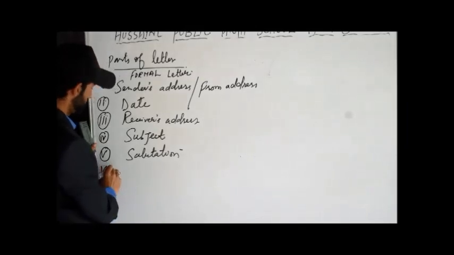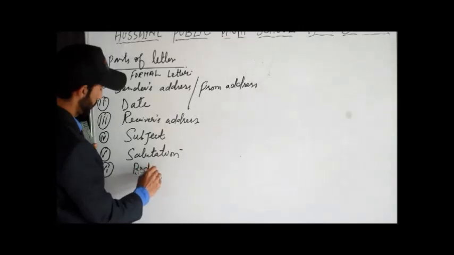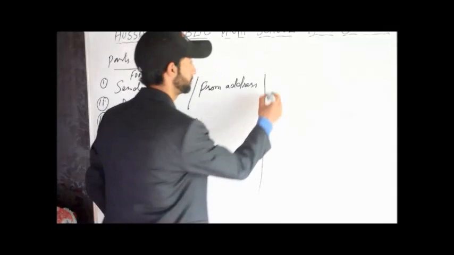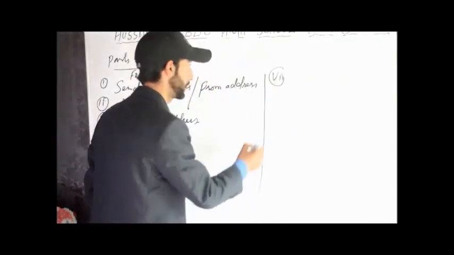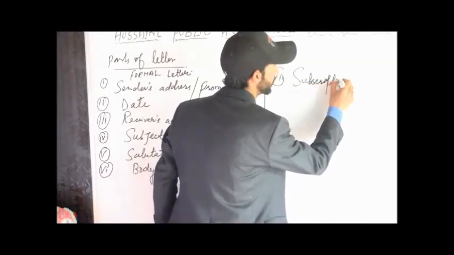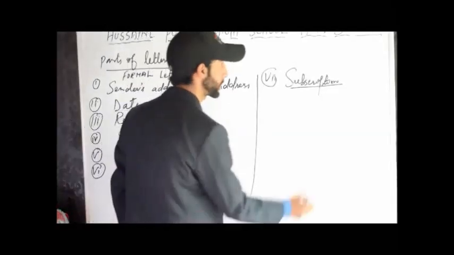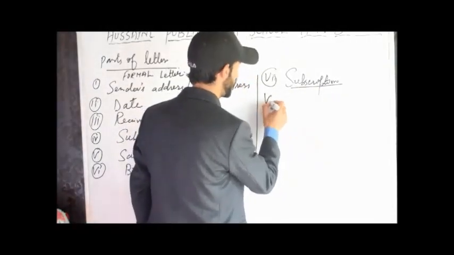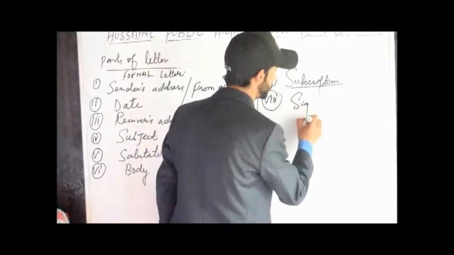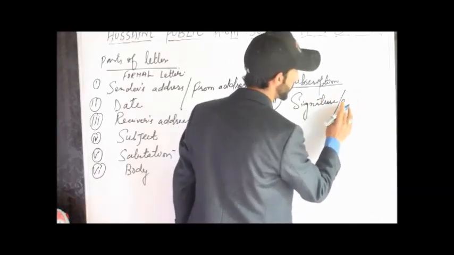Sixth part, that is body. Then a very important part, the subscription, for example, yours faithfully, sincerely yours. Okay, that's called subscription. Seventh part, that is signature of sender, the signature with his name.